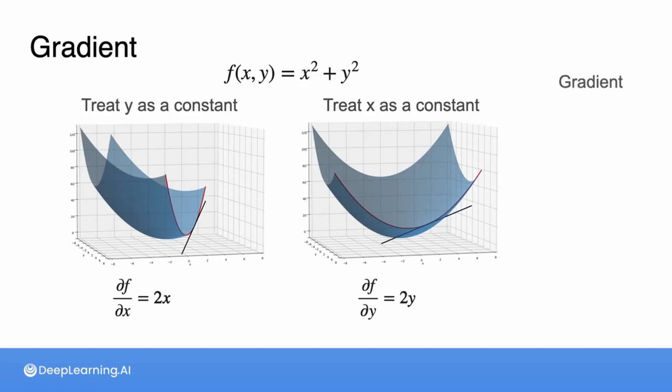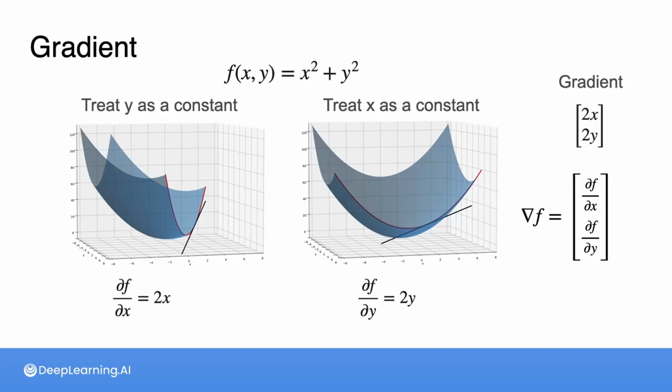And so the gradient is simply the vector containing these 2 partial derivatives. So basically the vector (2x, 2y). In general, we denote the vector using the nabla symbol, nabla f, and that's just a collection of all the partial derivatives with respect to all the variables in the function.